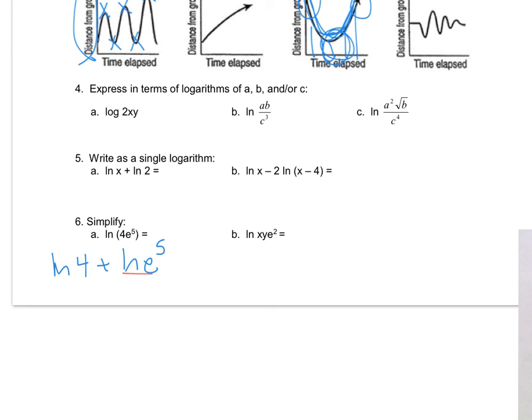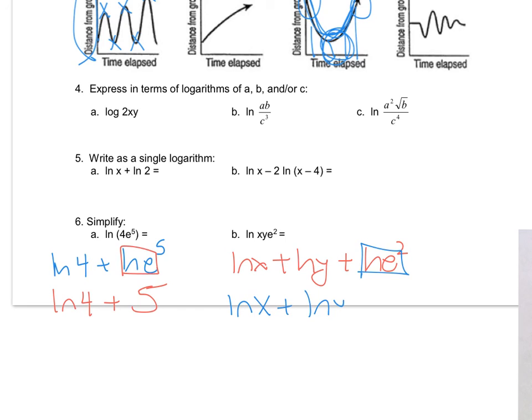And then I notice ln and e can simplify, and we're left with just plus 5. Now for B, we got the same piece that can simplify here. So that last term becomes a 2.